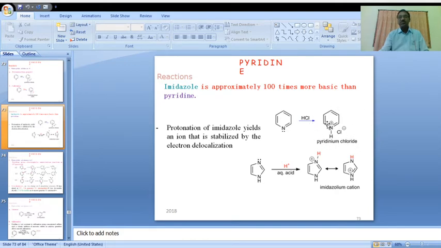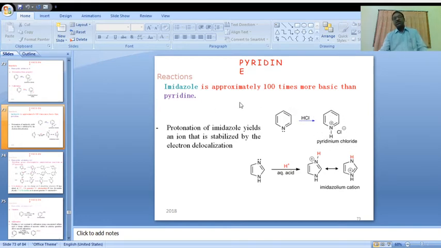It is a salt-like structure containing positive and negative charges. In the pyridinium ion, the nitrogen gets a positive charge, just like ammonium. This structure is named pyridinium chloride.